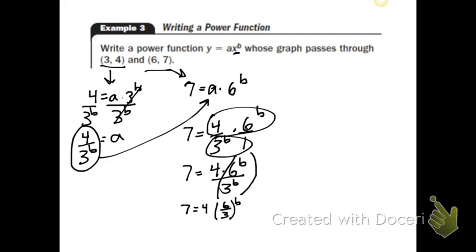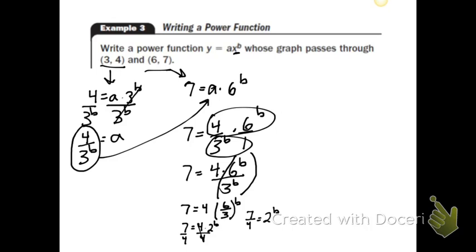So if I simplify that, I'm going to have 7 equals 4 times 2 to the b, and now I'm at the point where I have an exponential equation that I need to solve. From here I can divide both sides by 4, and I have 7 over 4 equals 2 to the b power.